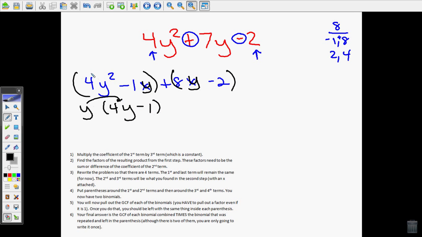Y times 4y is 4y squared, and y times negative 1 is negative y. So that works there. Then I am left with 8y minus 2. So I'm looking for a common factor here, and that's going to be 2. And so 2 times 4y gives me 8y, and then 2 times negative 1 gives me negative 2.